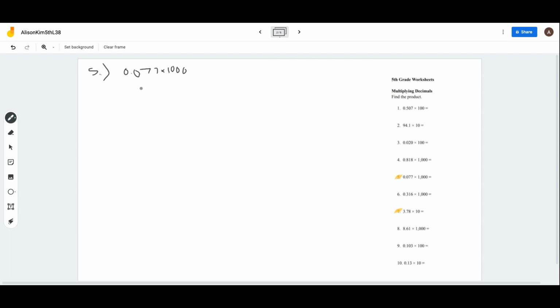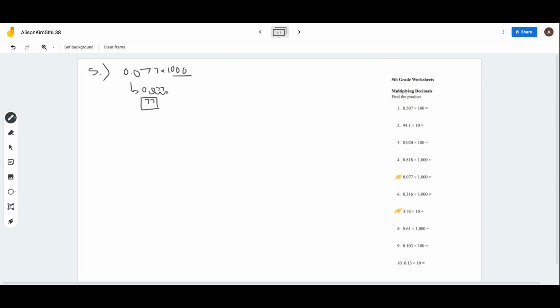So we go back to the decimal, which is right in between the two zeros, and we move it to the right 3 times, because 1000 has 3 zeros: 1, 2, 3. Our new decimal point will be right there, so it will be 77.